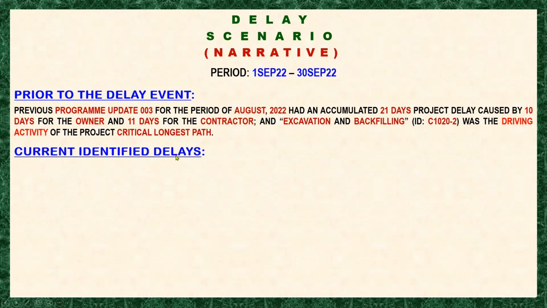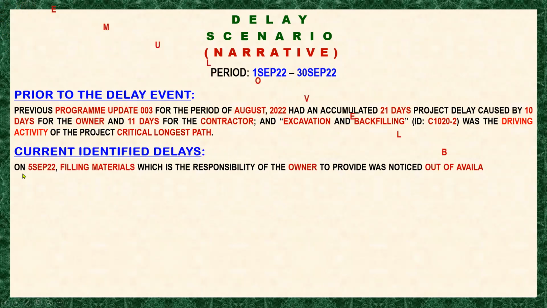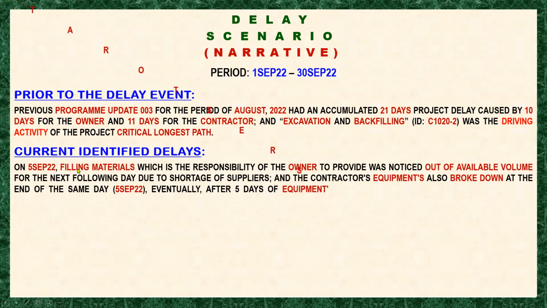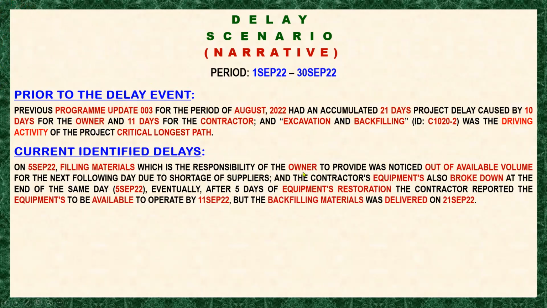Now our current identified delays. On 5th of September 2022, filling materials, which the owner is responsible to provide, were noticed to be out of available volume for the following day due to shortage of suppliers. Also, the contractor's equipment broke down at the end of the same day. After 5 days of equipment restoration, the contractor reported the equipment available to operate by 11th of September.